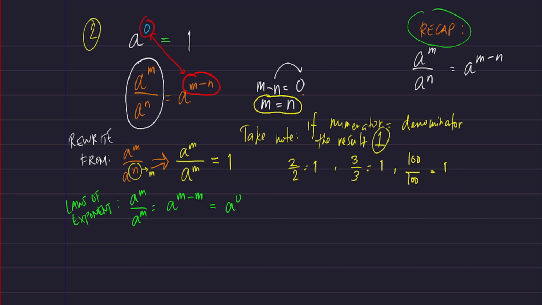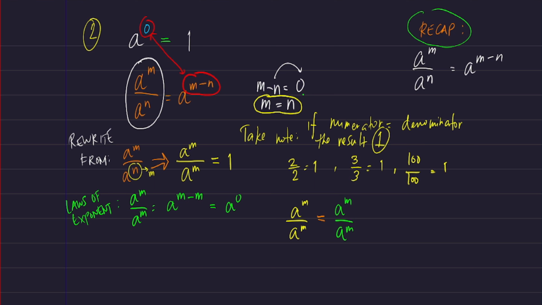Ngayon, we have two similar expression na A raised to M over A raised to M. And this is equal sa sinolve natin gamit ng laws of exponent na A raised to M over A raised to M. Pareho sila. Magkaiba lang tayo kumbaga ng way kung paano natin kinuha yung sagot niya.